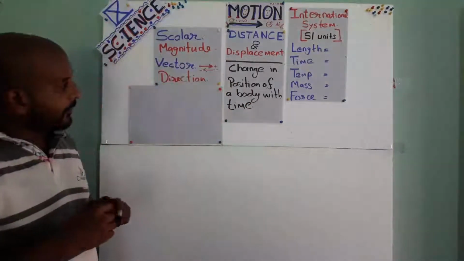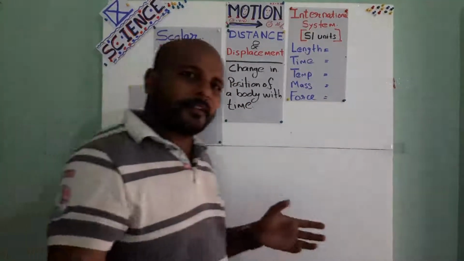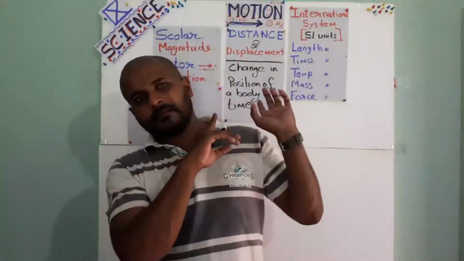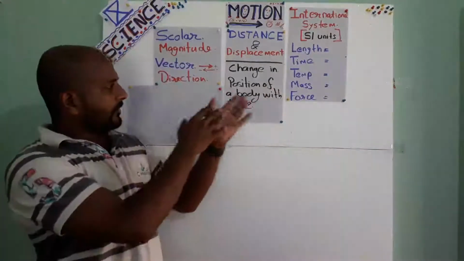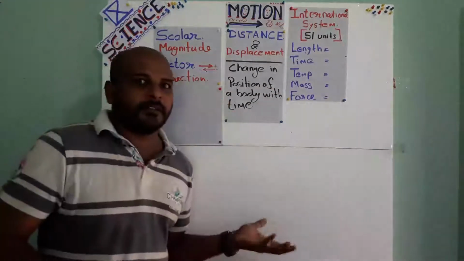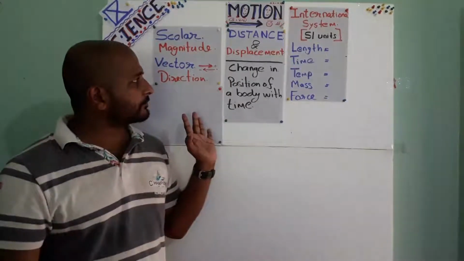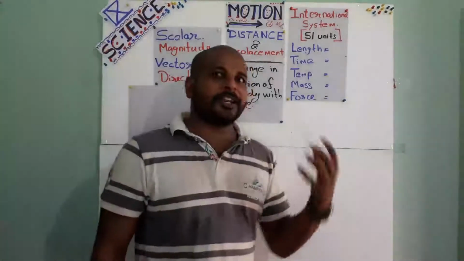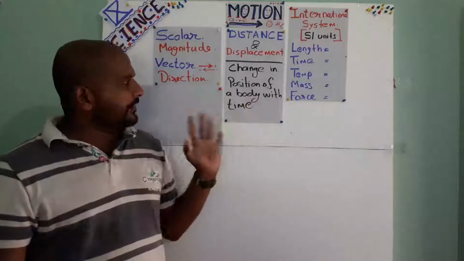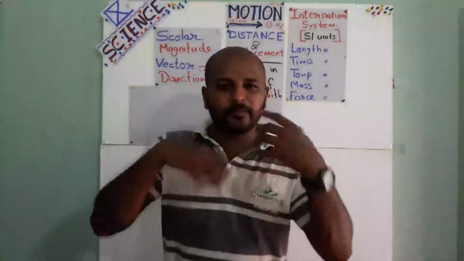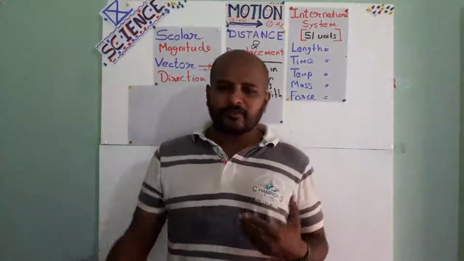So this is the simple definition of motion. You already studied that. Is it difficult? Change in position of a body with time. No, I think it's not difficult. It's a very easy definition. This is the old definition you studied, but now you must understand a bit more about this motion.